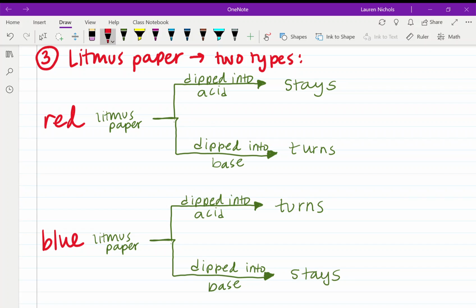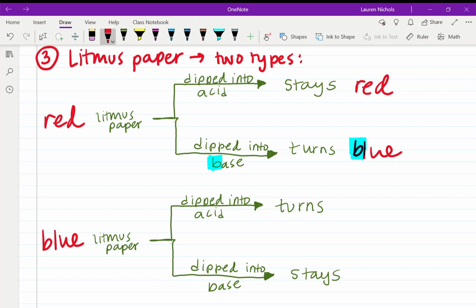Now, red litmus paper, when it's dipped into an acid, stays red, whereas red litmus paper, when it's dipped into a base, turns blue. And one way I remember that base and blue go together is base starts with the letter B, and so does blue. So always keep that in mind.